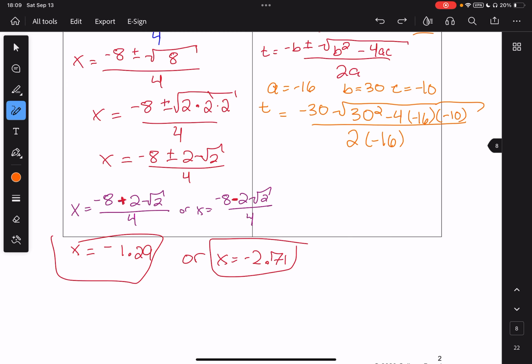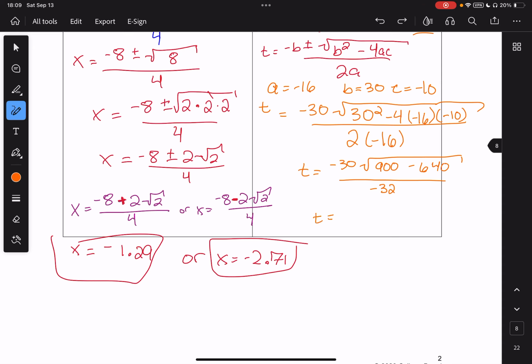So let's simplify it. T is equal to negative 30, plus or minus the square root. 30 squared is 900, minus 4 times negative 16 times negative 10 is 640, all over 2 times negative 16, which is negative 32.